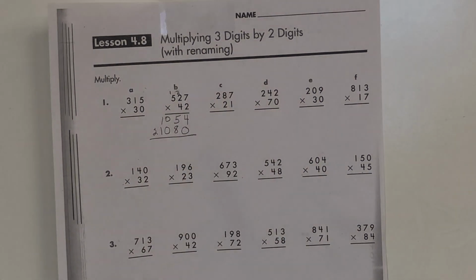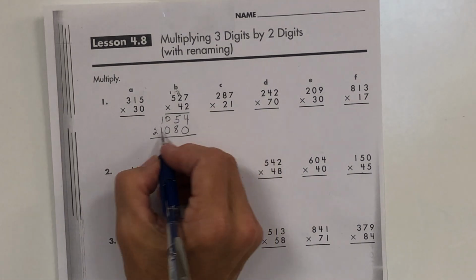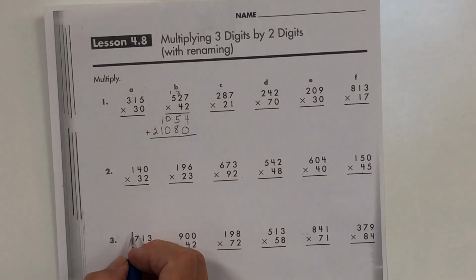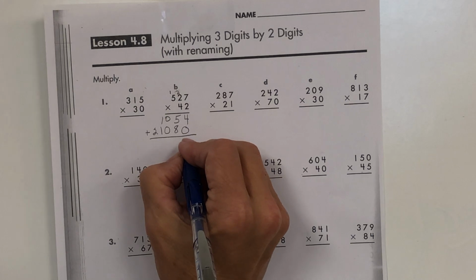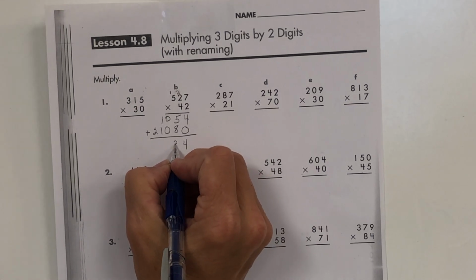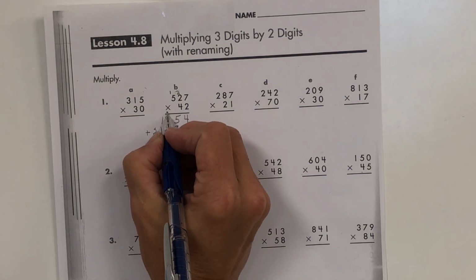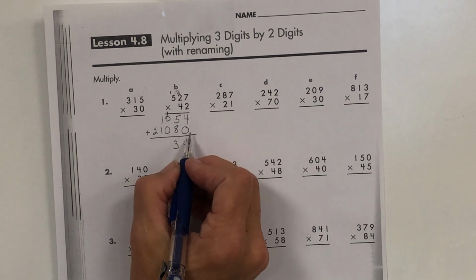Now, it's not that important that you put your commas except in your answer. So now what we're going to do is add. 4 plus 0 is 4. 8 plus 5 is 13. And carry your 1, okay, right here. You do the same thing.